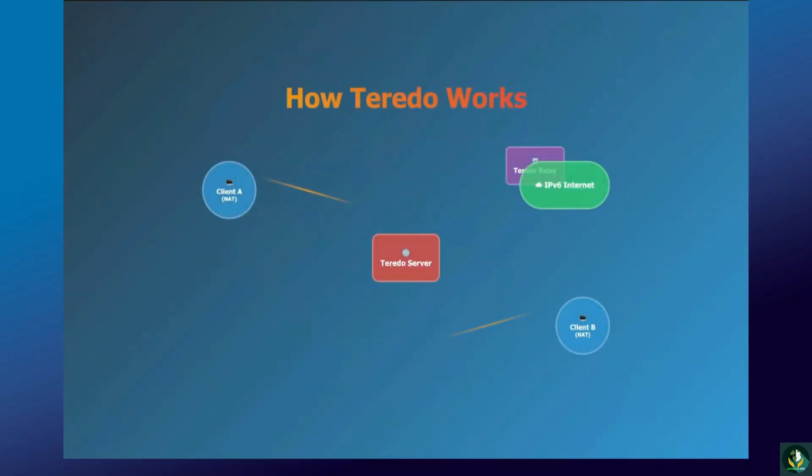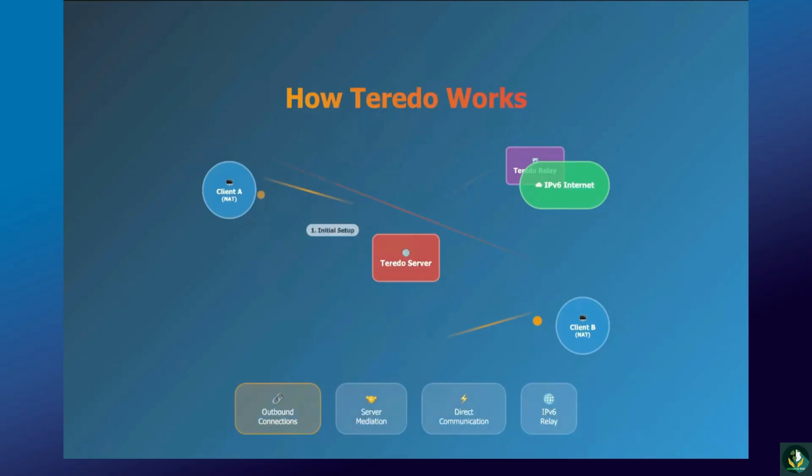Let's start, and we start with how Teredo works. Teredo facilitates IPv6 communication between two Teredo clients over the IPv4 internet by using a Teredo server as an intermediary. So here's how it works. First, Teredo initiates communication.